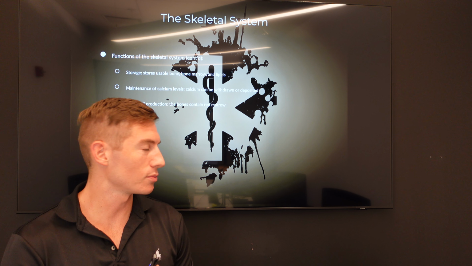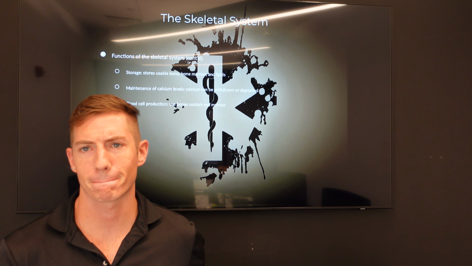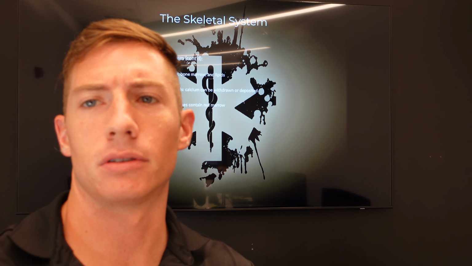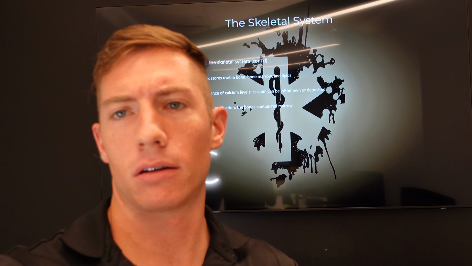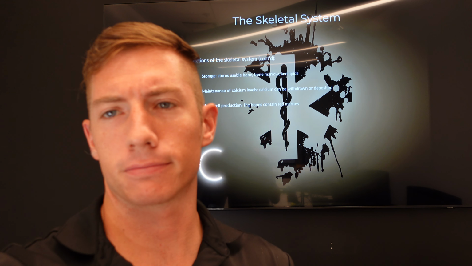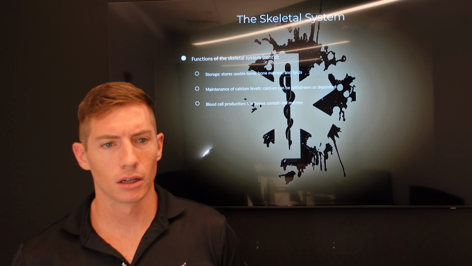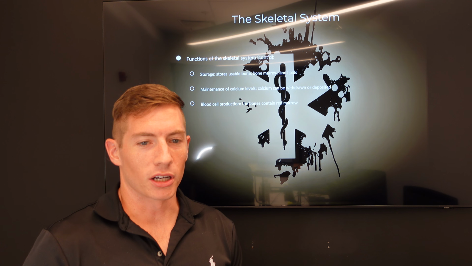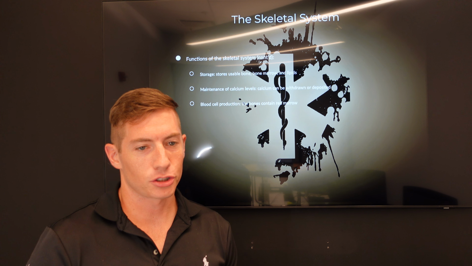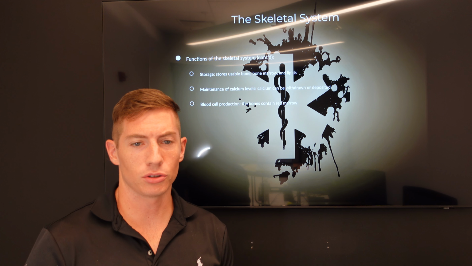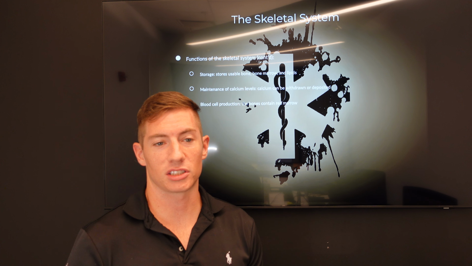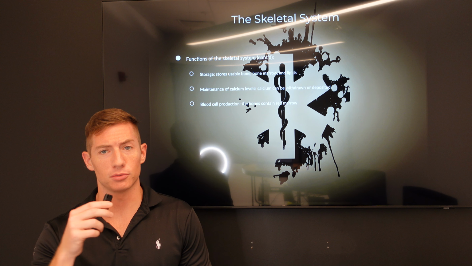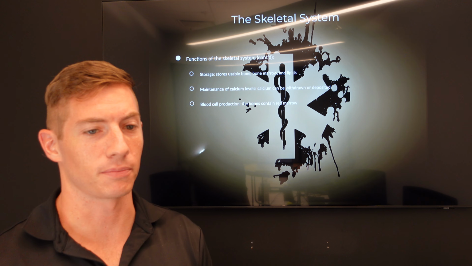Maintains calcium levels. Bones are a reservoir of calcium. When the concentration of calcium in the blood is too low, parathyroid hormone stimulates the release of calcium from the bones into the bloodstream.